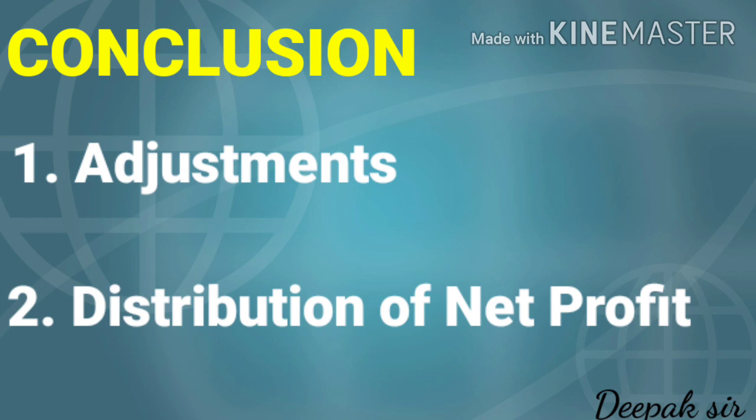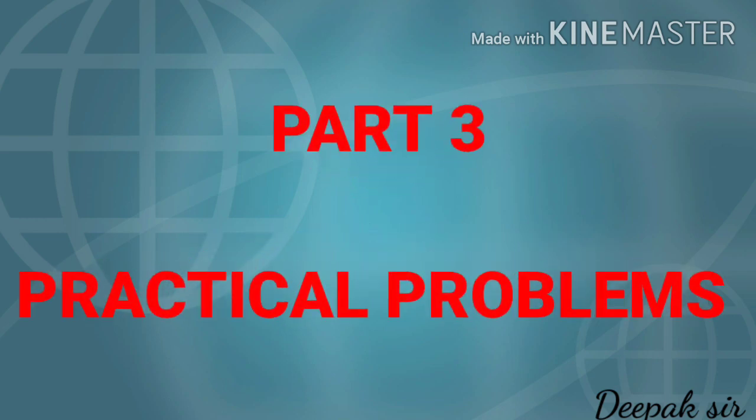So our part of accounts is over. We had seen a few adjustments, and how to distribute the net profit also we had seen. Now in the next part we will solve the problems, that is practical problems of final account.